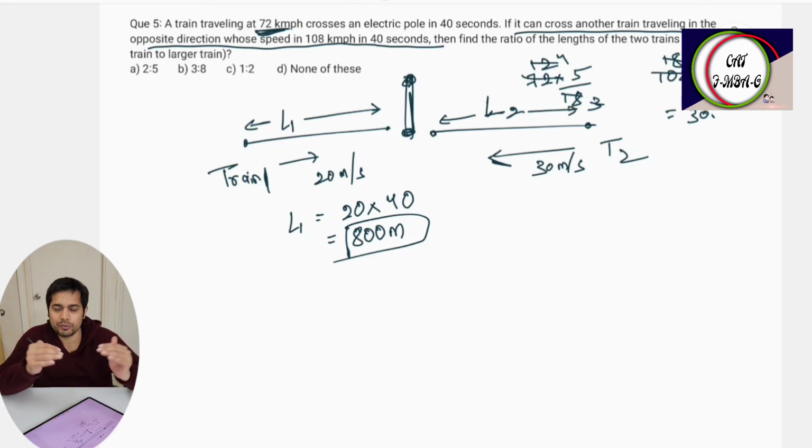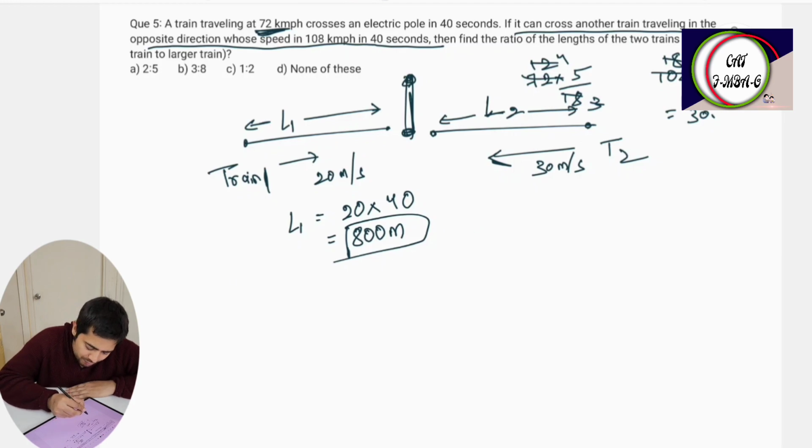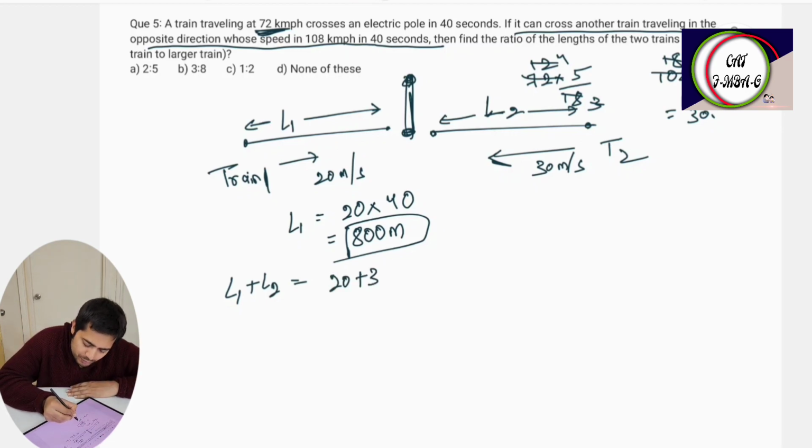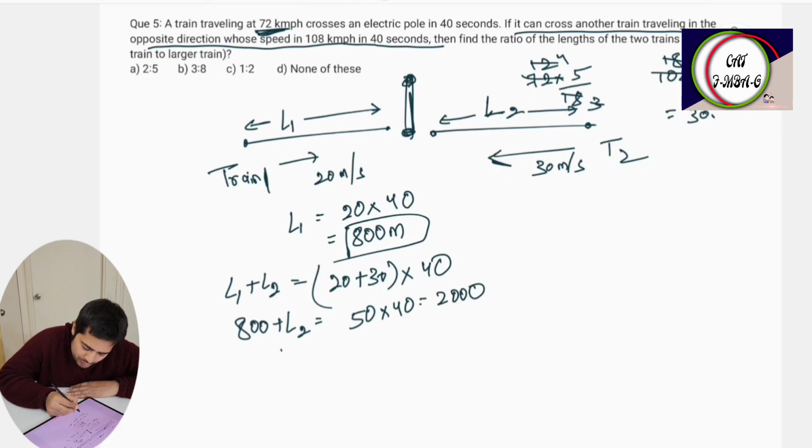The distance traveled is L1 plus L2, equal to combined speed into time. Since they are moving in opposite directions, the combined speed is 20 plus 30, into the time, which is also 40 seconds. So L1, which is 800, plus L2 is equal to 50 into 40, which is 2000. So L2 is equal to 1200.